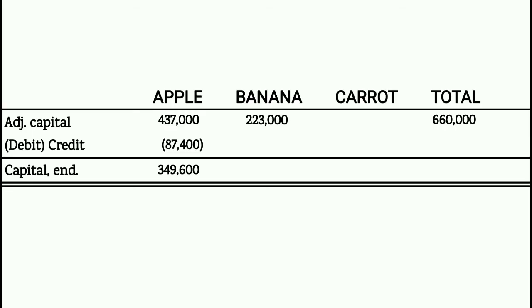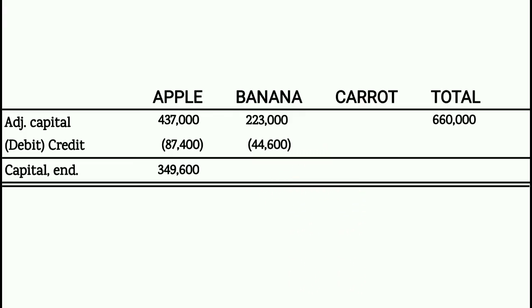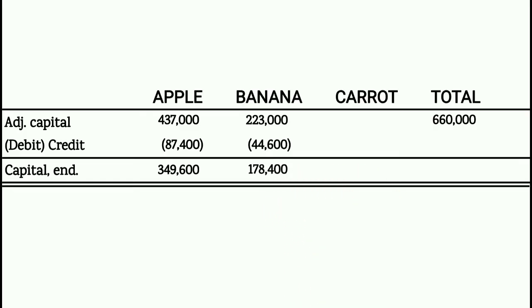pesos. Next, for Banana, we debited the 44,600 pesos. Since we debited the 44,600 pesos, we deduct it from 223,000 pesos. So the ending capital of Banana is 178,400 pesos. For Carrot, we credited the 132,000 pesos.